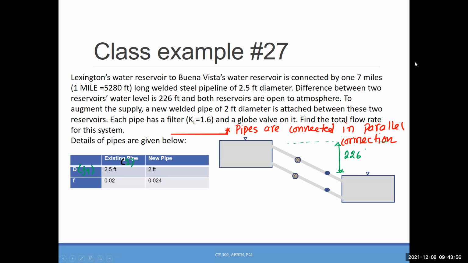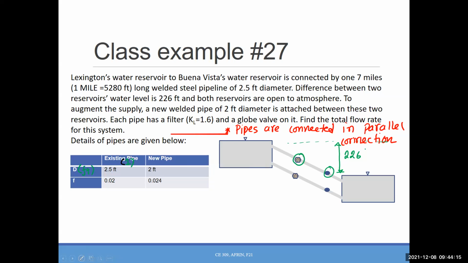Okay, and each pipe has a filter, and they have a globe valve on it. So the globe valve, I didn't mention that, but it was a fully open globe valve.